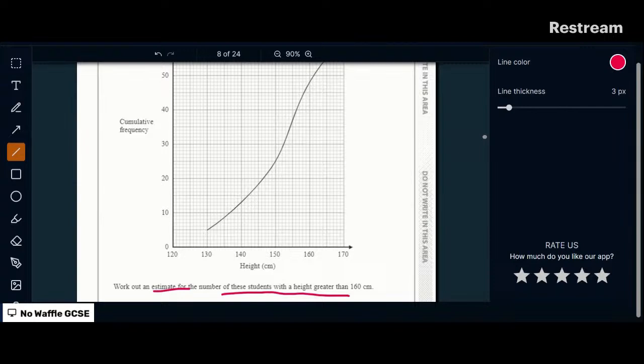So 160 centimeters is here. And therefore it seems to match up like that. So what is the corresponding value on the y-axis? Well, it seems to be 48.